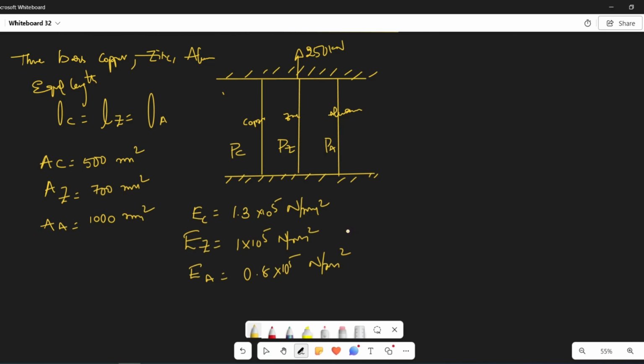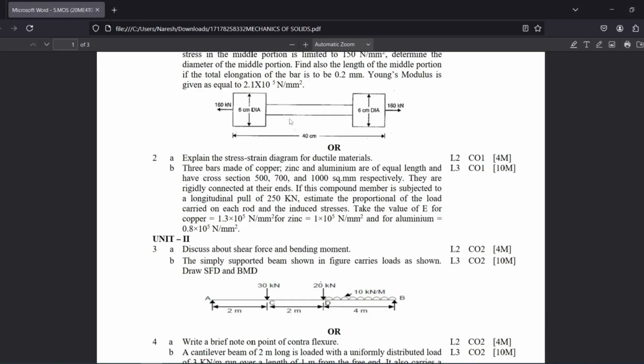First of all, as in the previous problem, the total deformation equation can also be used here. But before that, let us see how the load on each rod will come depending upon the induced stress.